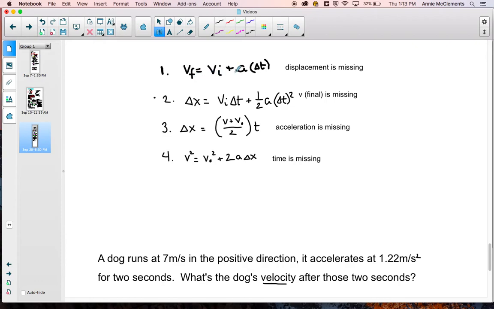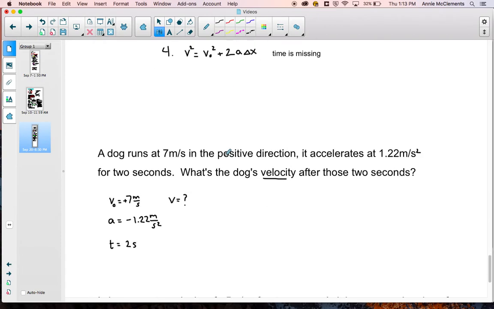So now I can just plug in all of my values for my equation number 1. So I'm going to have positive 7 meters per second, careful to put my units in there, plus negative 1.22 meters per second squared times 2 seconds.